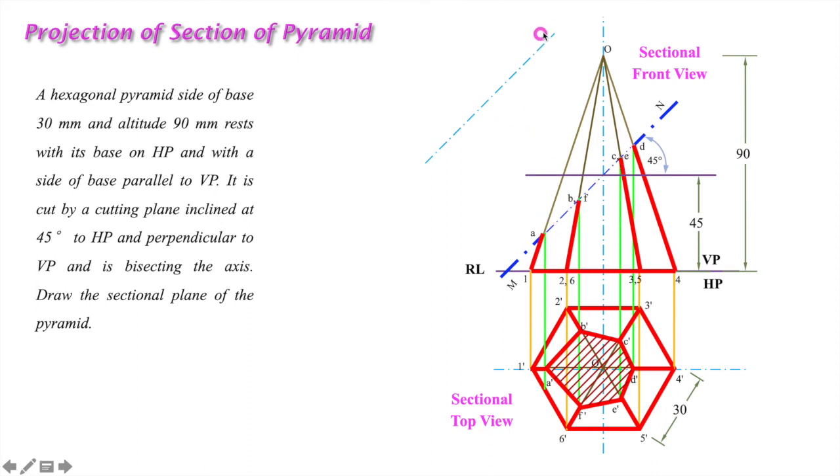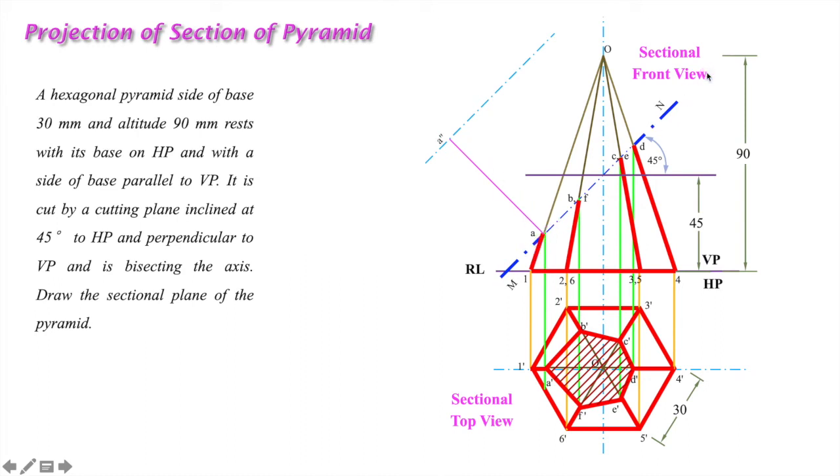Select any center line here, parallel to the MN line, and take any arbitrary distance, so that the entire drawing does not overlap with the pyramid and other lines. After that, we have to draw the projection line from here, which is perpendicular to the MN line.